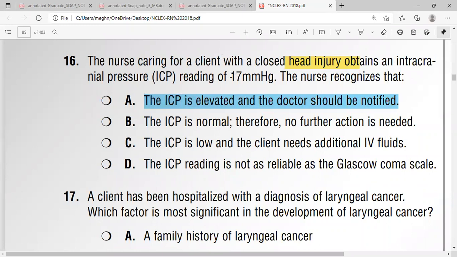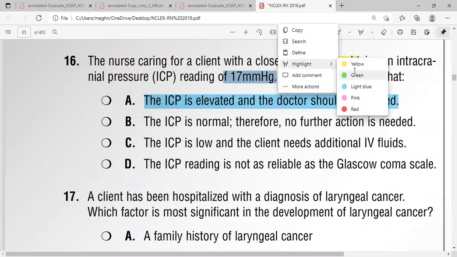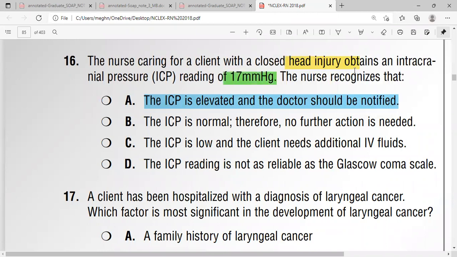It is because it is 17 millimeters of mercury. Every student must know the normal intracranial pressure, meaning the pressure inside the brain from cerebrospinal fluid. An intracranial pressure of 17 millimeters of mercury should be reported to the doctor because it is elevated.